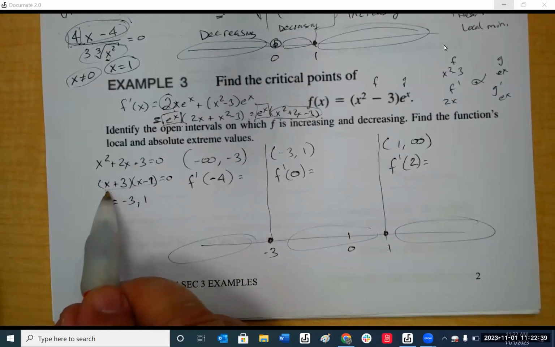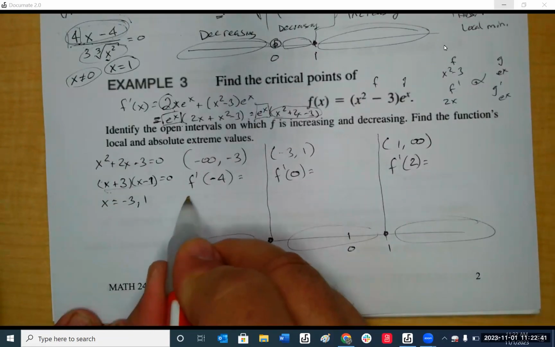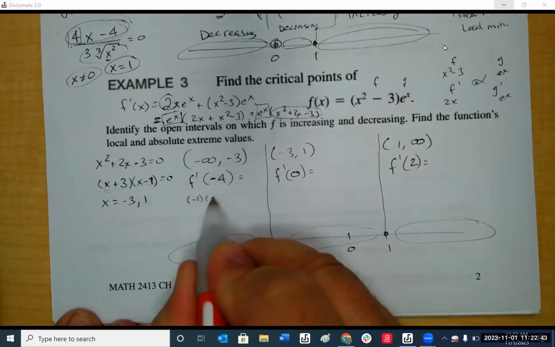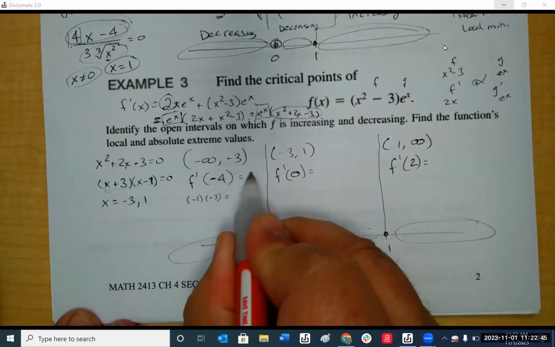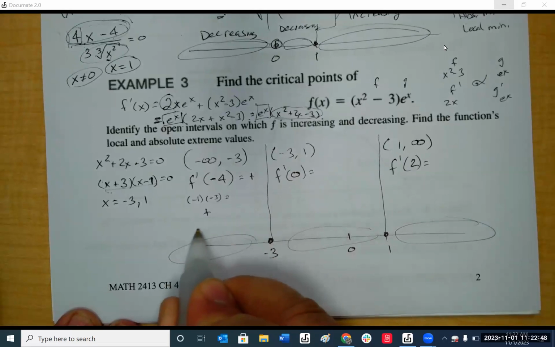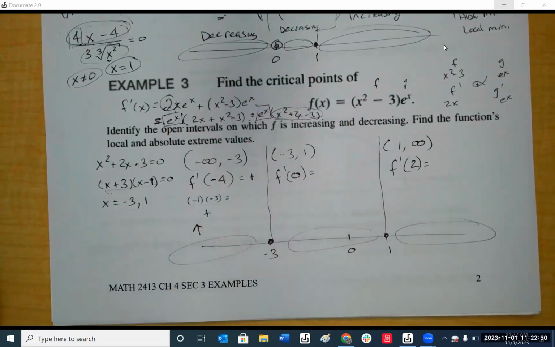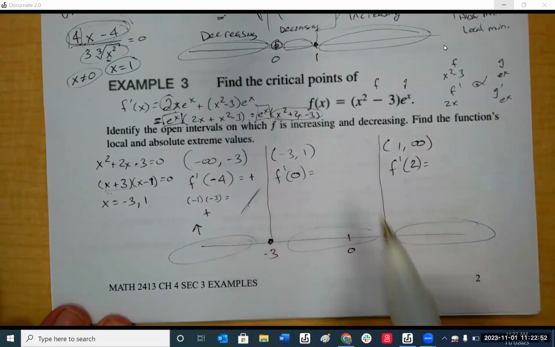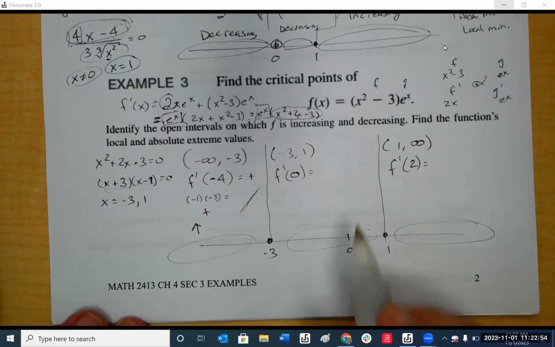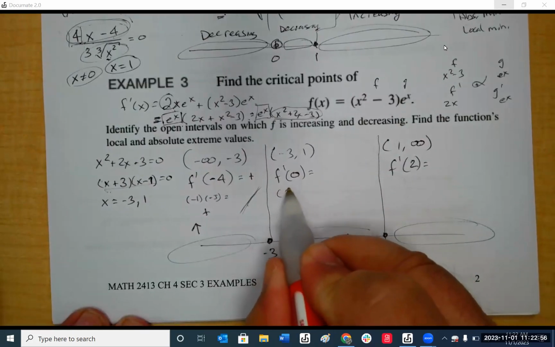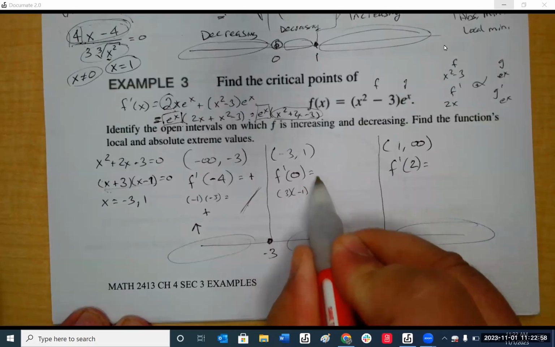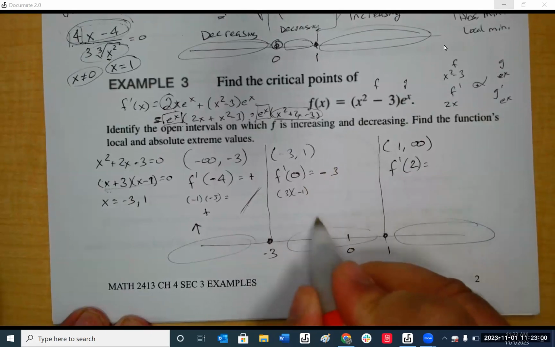So at -4, -4 plus 3 is -1 and -4 minus 1 is -5. That makes it positive, so it's increasing. At 0, we have 3 times -1, which makes it -3, which makes it decreasing.